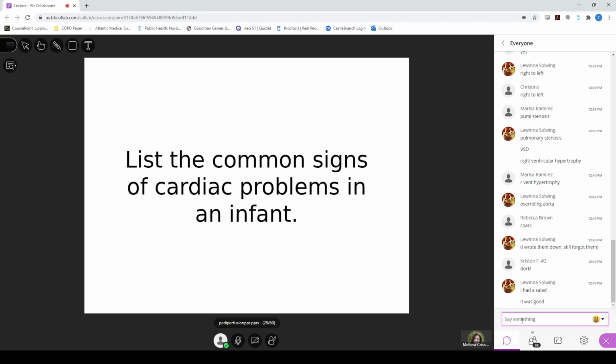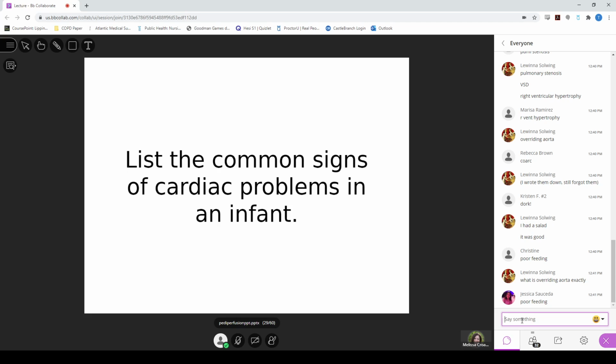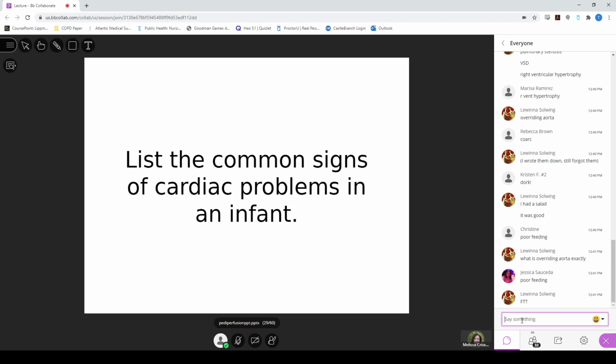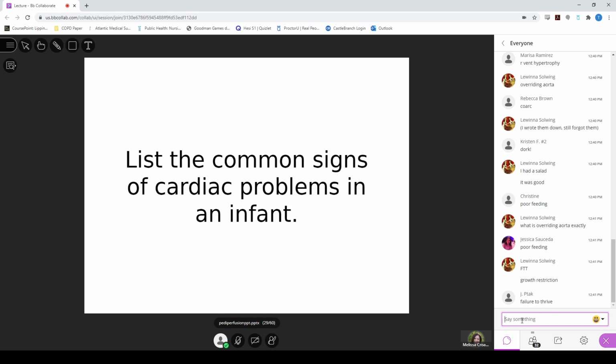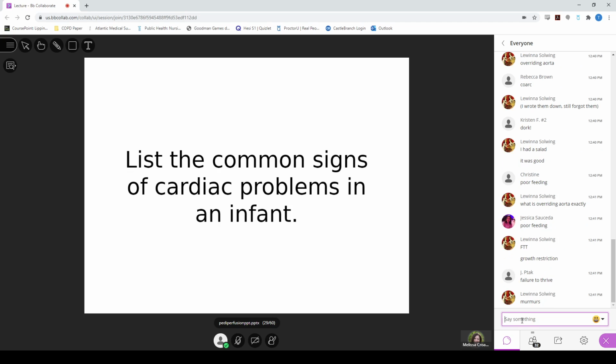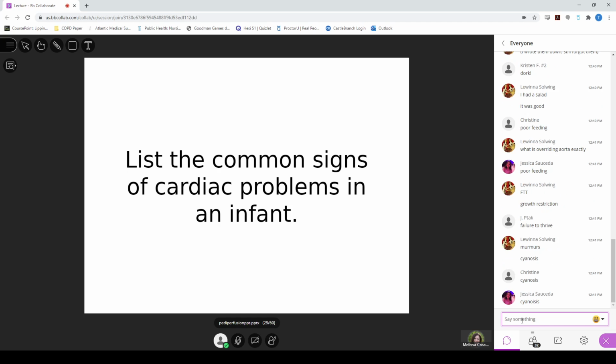What are some common signs and symptoms of cardiac problems in an infant? Poor feeding. If they're poor feeding, what do they have? Poor weight gain, failure to thrive. What else? Respiratory distress also.